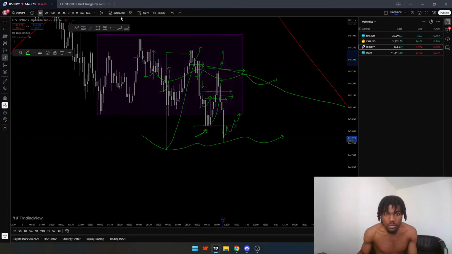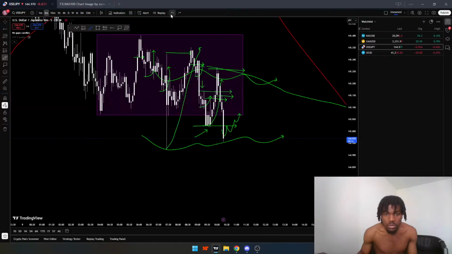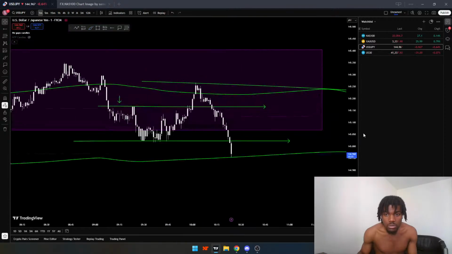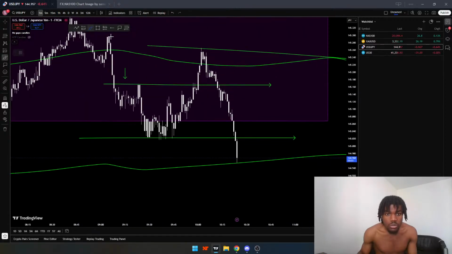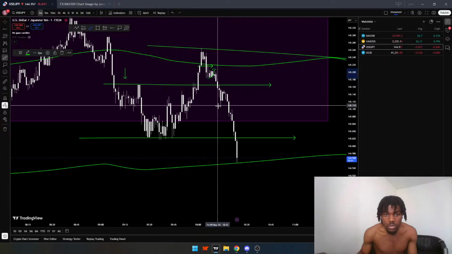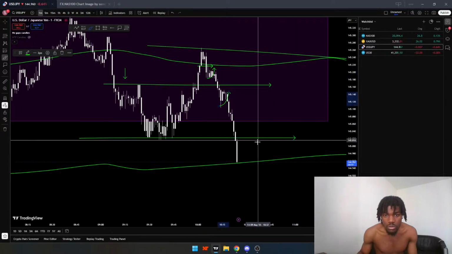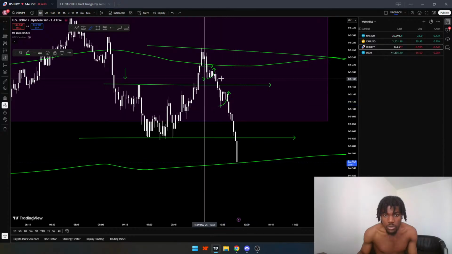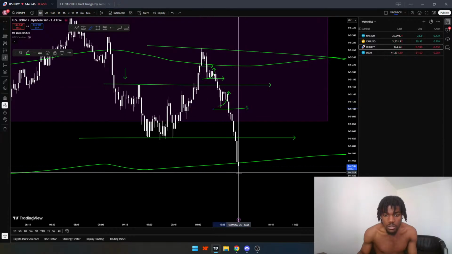Let's go into 1 minute. Let me erase these drawings though. Cool. What do we see? We see 1, 2. We only see the liquidation of 2 pullbacks.